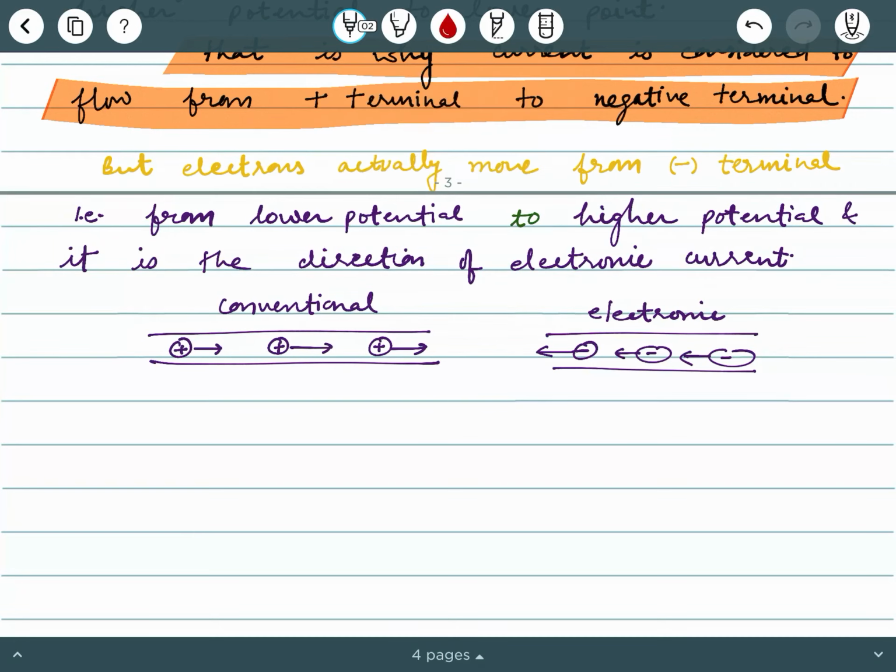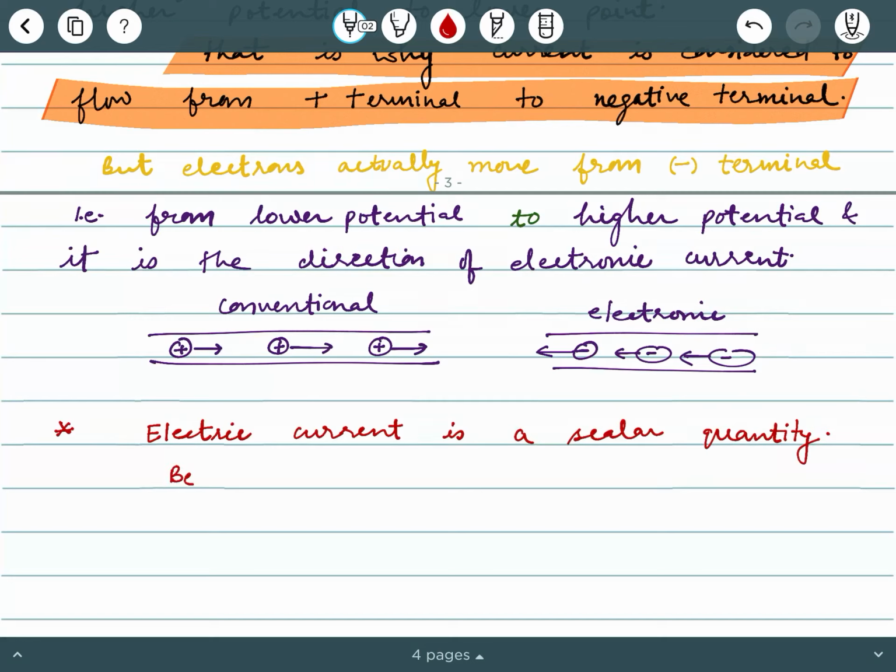Now since we are putting direction every time, but please remember, electric current is not a vector quantity. Electric current is a scalar quantity. It's not a vector quantity.